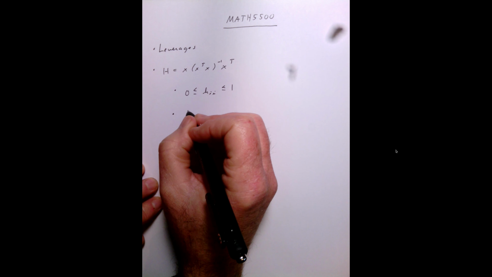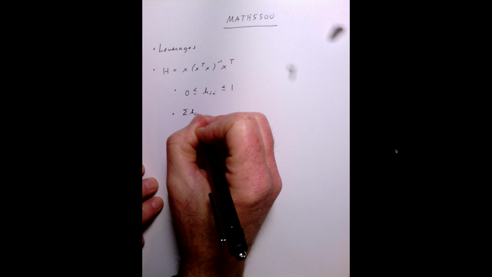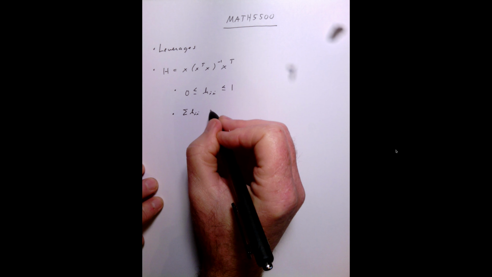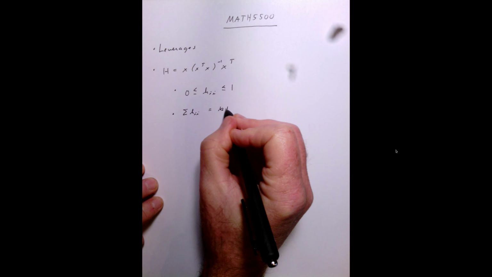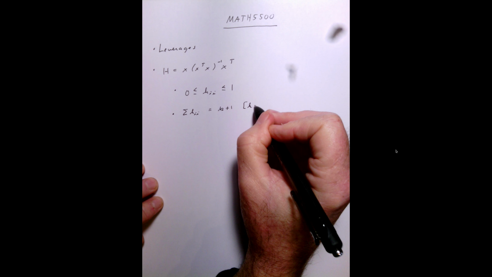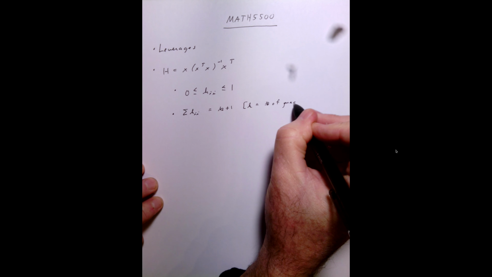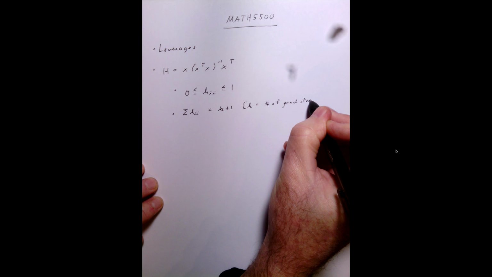The sum of the h sub i's will be equal to, speaking of k's, k plus 1, where k is the number of predictors. So you can think of k plus 1 as the number of predictors including the intercept.